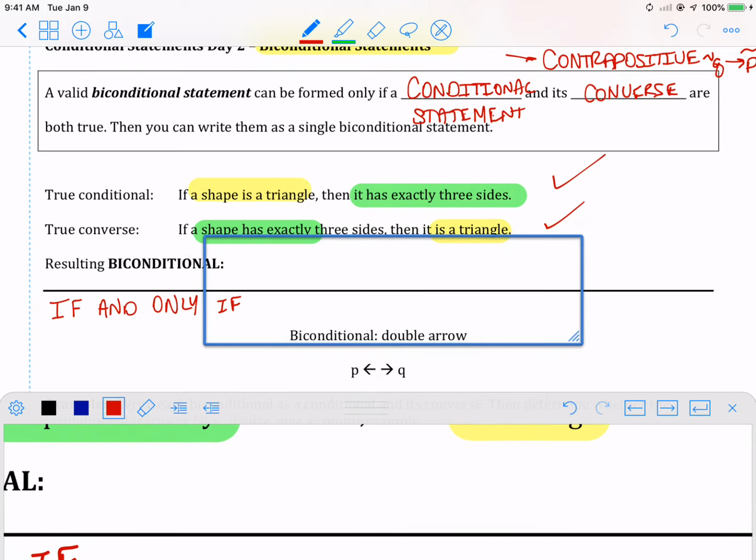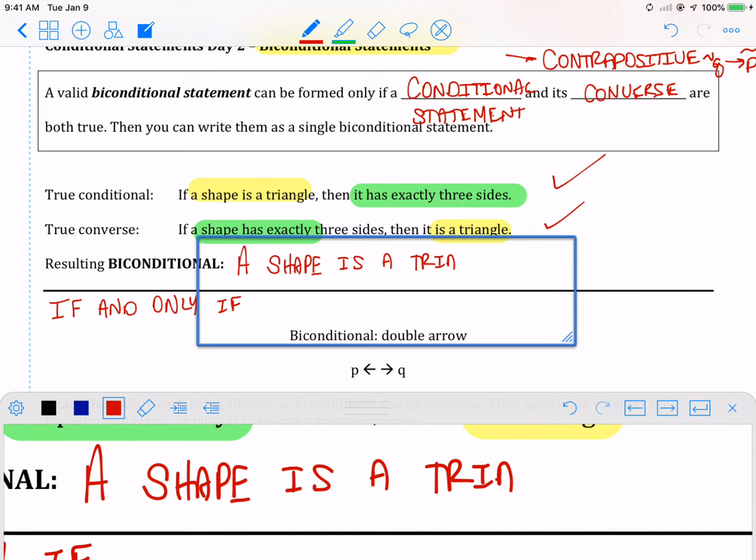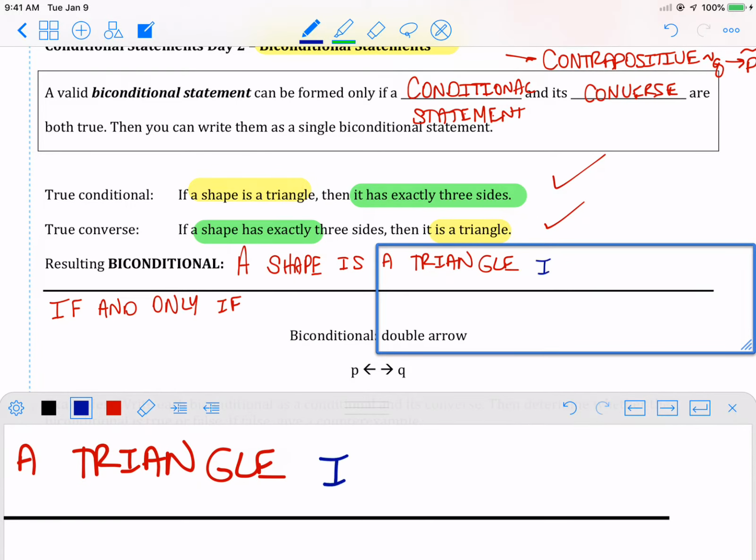Okay, so we're going back to our original. The shape is a triangle. And then here it comes. If and only if.